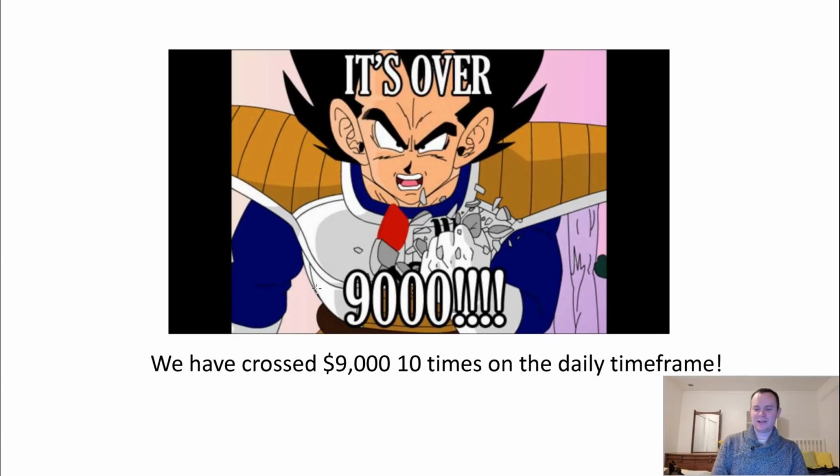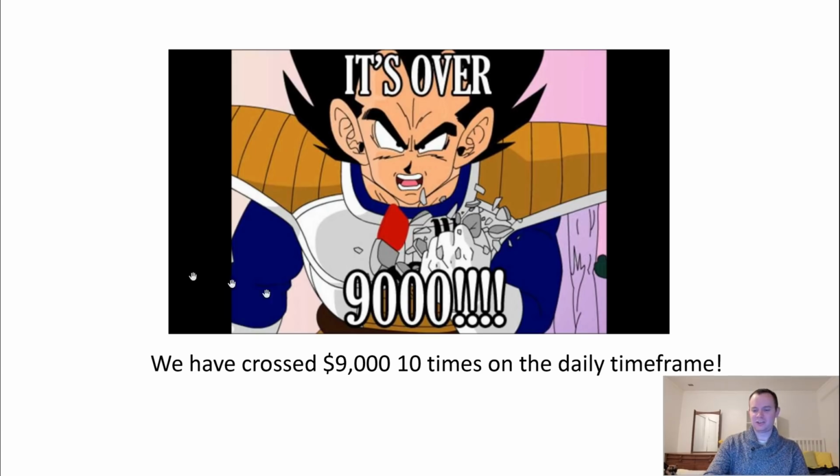And I was actually going to make this video yesterday. I made all these slides, and we had only crossed it 9 times. But because I didn't publish this video today, and I waited one more day, I had to remake it because we crossed 9,000 today. Not saying we can't go back down below 9,000.